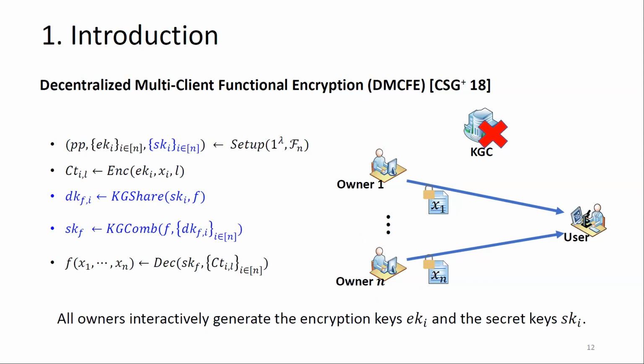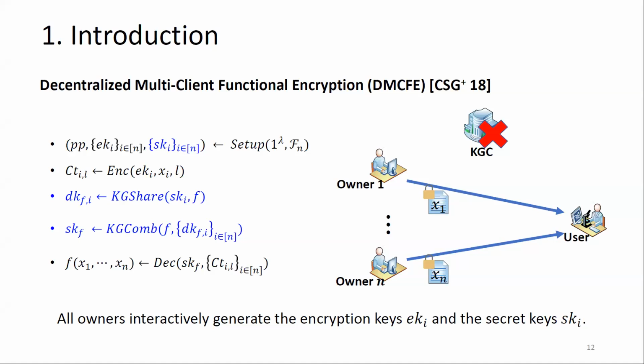Decentralized multi-client functional encryption, DMCFE in short, removes the trusted third party. In DMCFE, in the setup protocol, owners interactively generate the encryption key EK_i and the secret key SK_i. Similarly, each owner uses EK_i to encrypt the private data X_i and sends it to the data user.